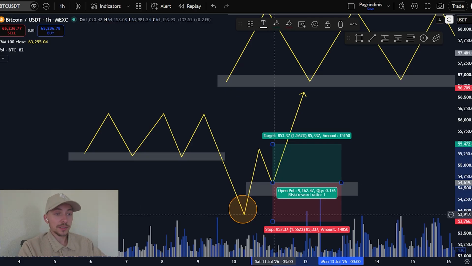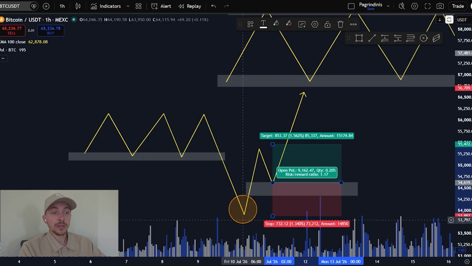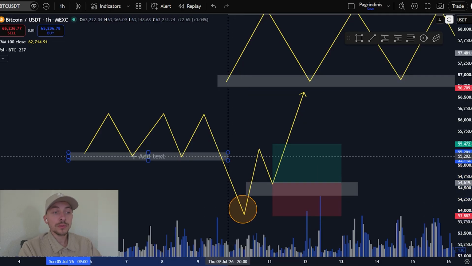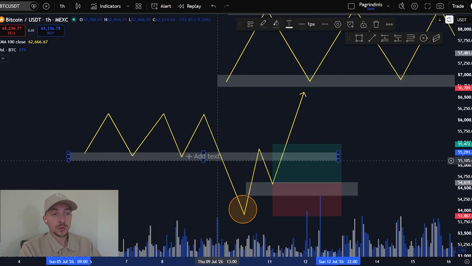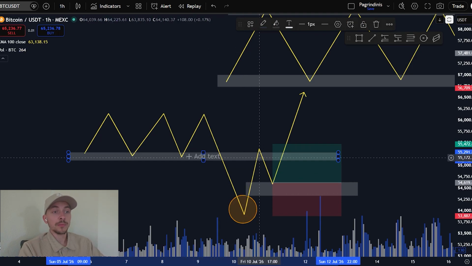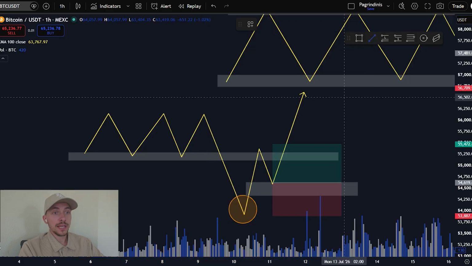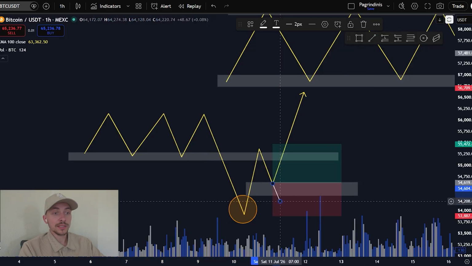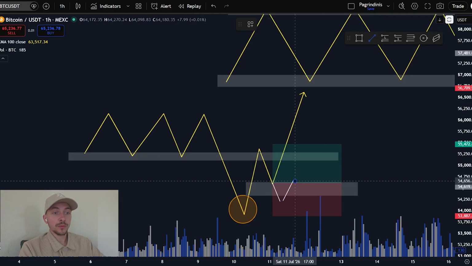We put it below our lowest point. You never know what can happen. Maybe it was just a change of shift, and our support zone is gonna become a resistance zone, and after that the price goes down, up a little bit, and then forced down.